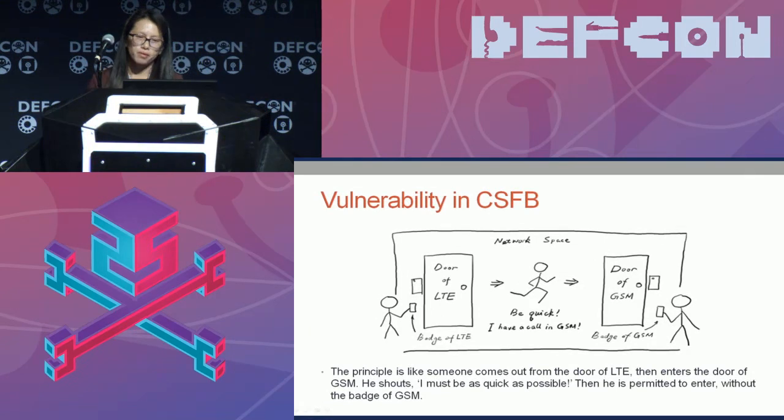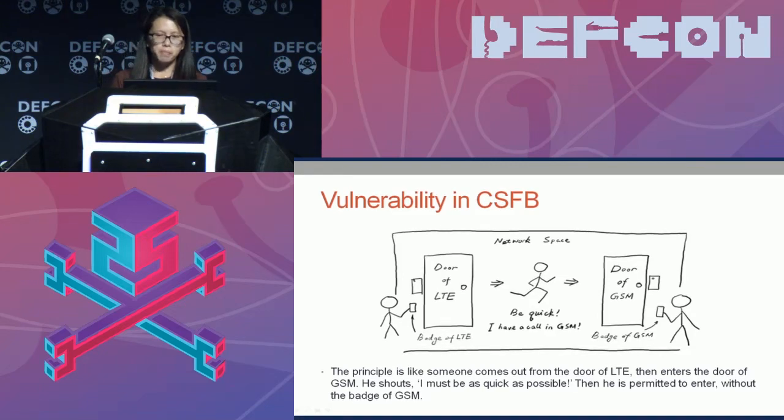So the whole principle is like, the network has different doors. For example, the left one is the door for LTE, and the right one is the door for GSM. No matter which door the subscriber wants to enter, the door requires the subscriber to show the badge of this door.